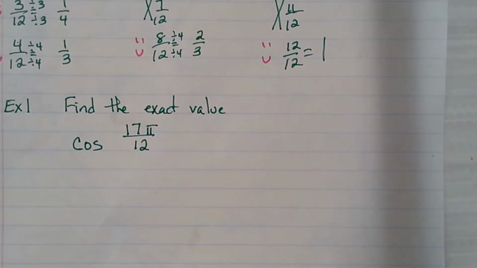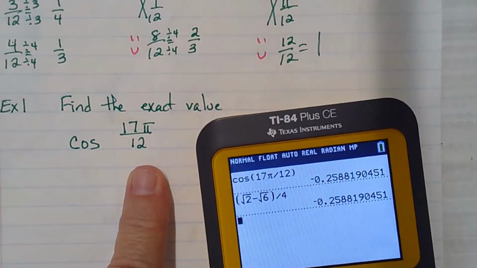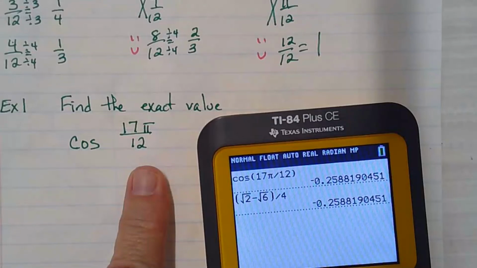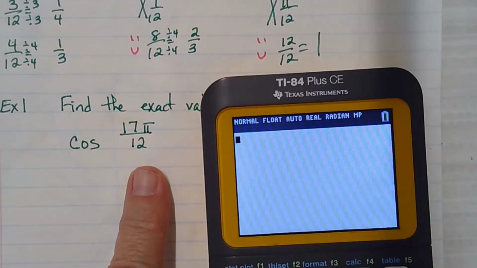All right, so first I want you to grab a calculator. 17 pi over 12, is that in degrees or radians? That's in radians, so make sure your calculator says radians. And then go ahead and press cosine 17 pi divided by 12.